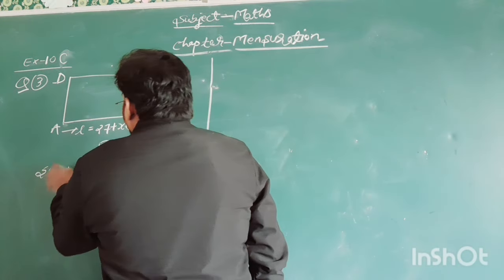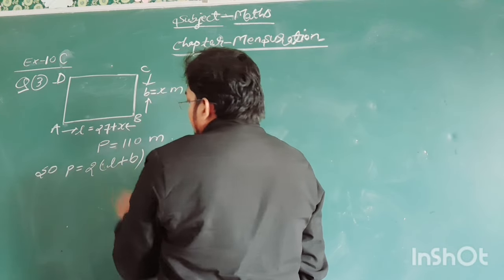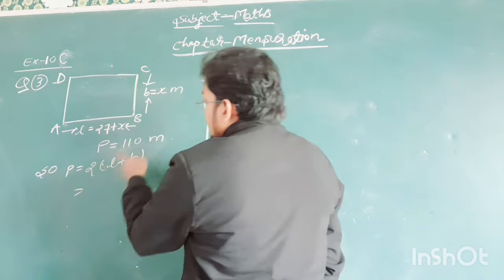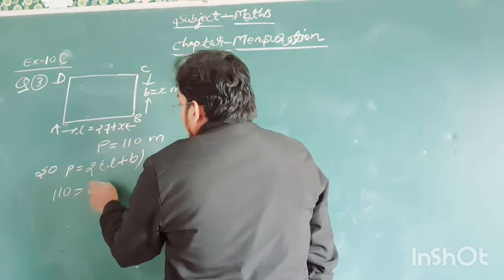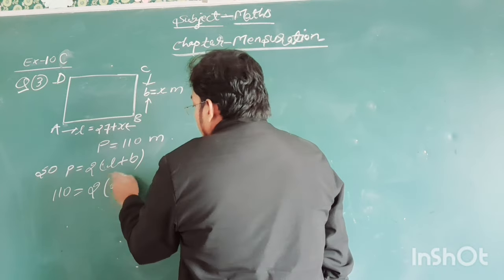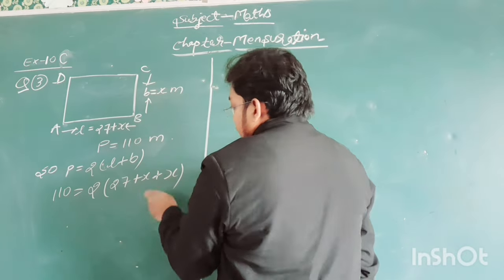So perimeter of rectangle is equal to 2 in round bracket L plus B. Perimeter is given, which is 110 meter, so 110 equals 2 in round bracket L, which is 27 plus x, and breadth, which is x.